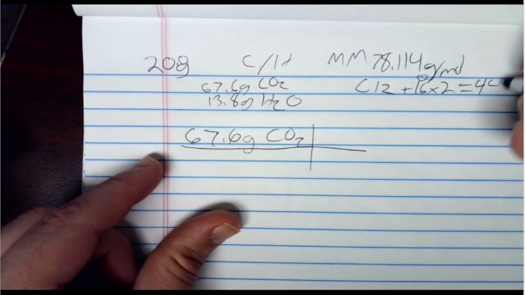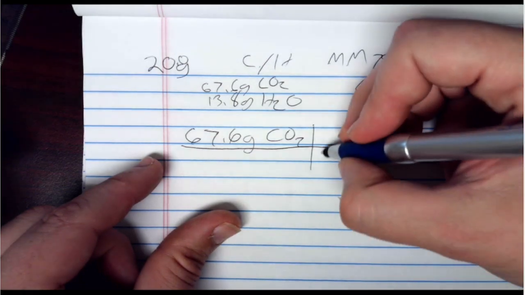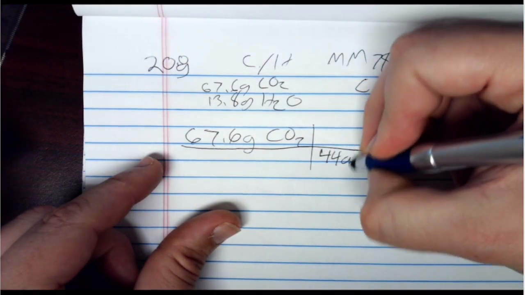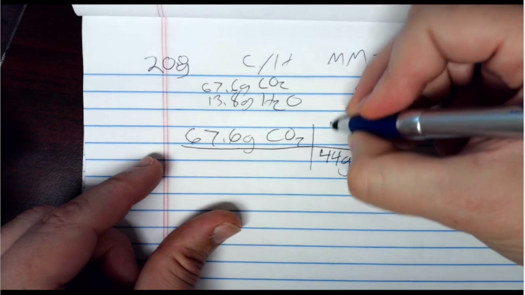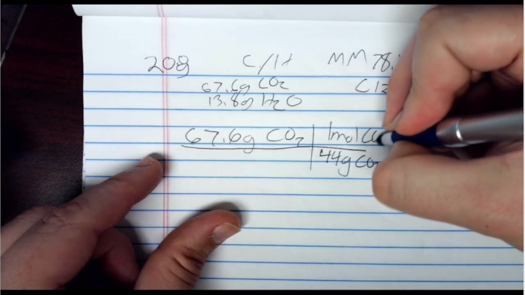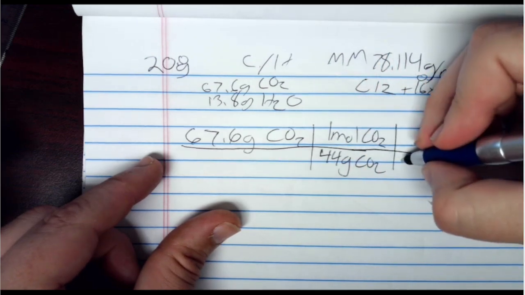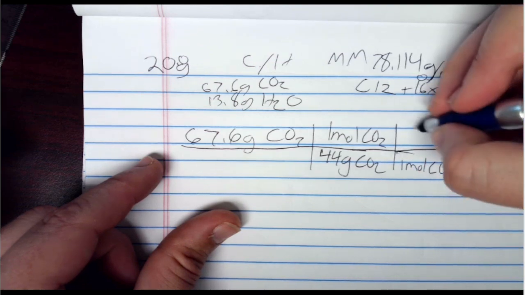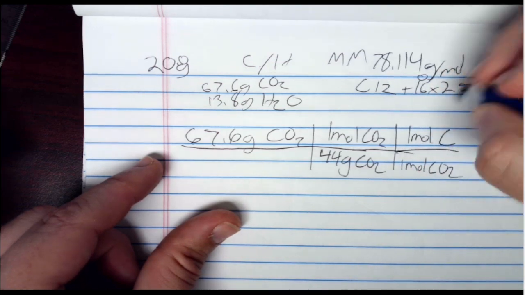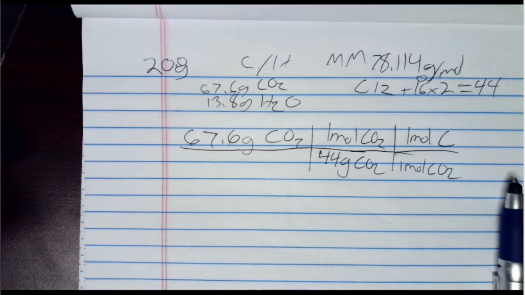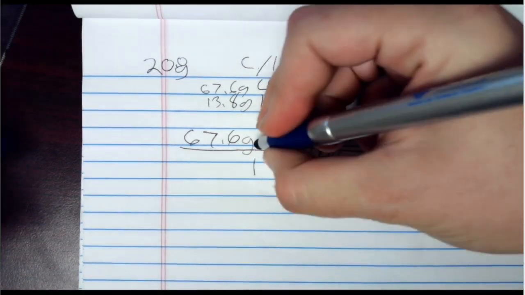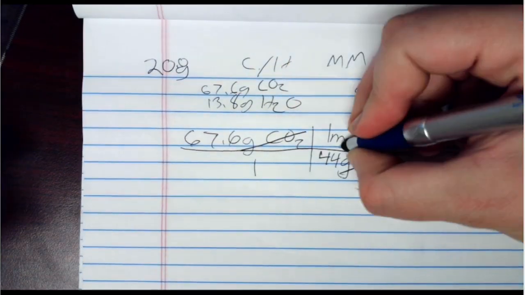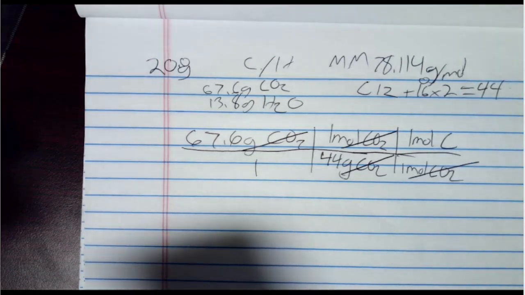That is 44. 44 grams of CO2 and 1 mole of CO2. 1 mole of CO2 produces 1 mole of C. Note, each step cancels the last step.